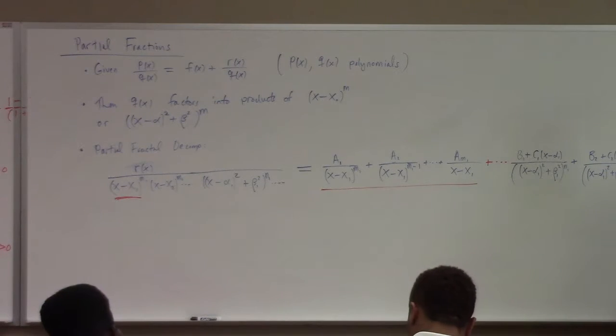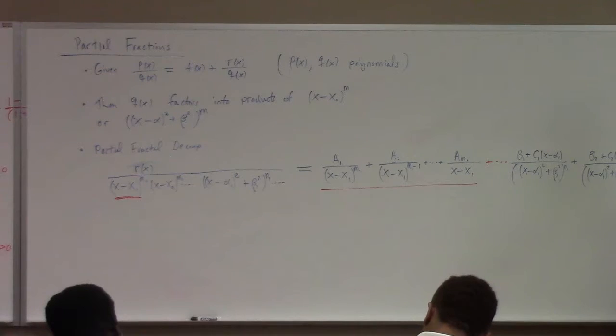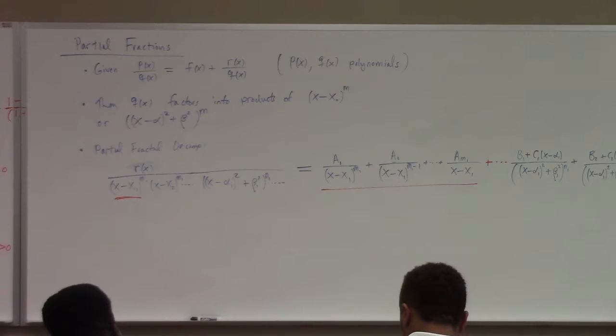And this continues until you finally get to the lowest term, which would be b sub n1 plus c sub n1 times x minus alpha1 over x minus alpha1 quantity squared plus beta1 squared. So for every factor you have in the denominator, it spits out these terms in the partial fractions decomposition.